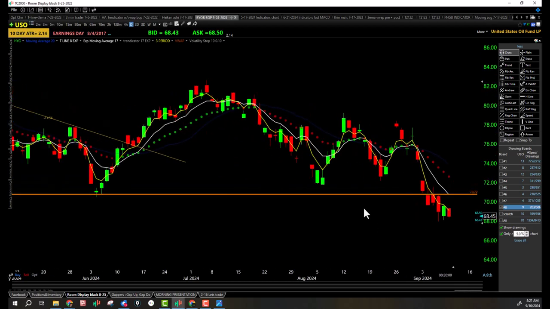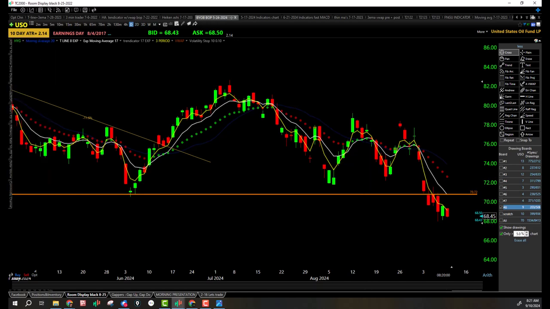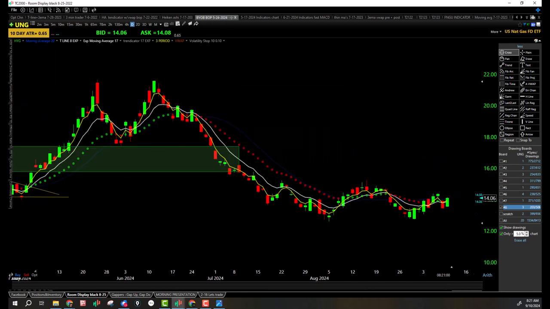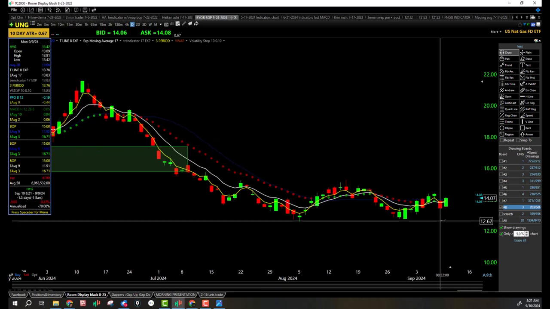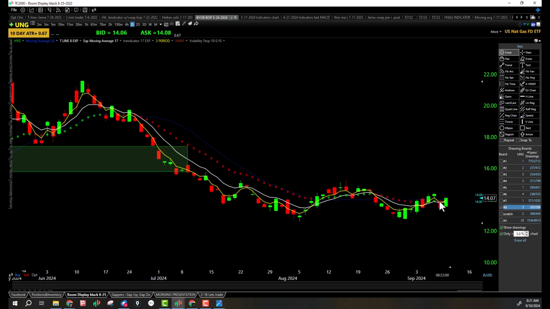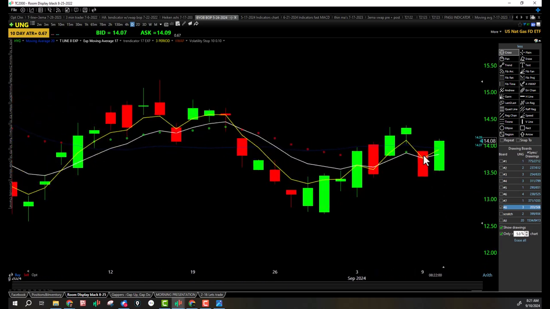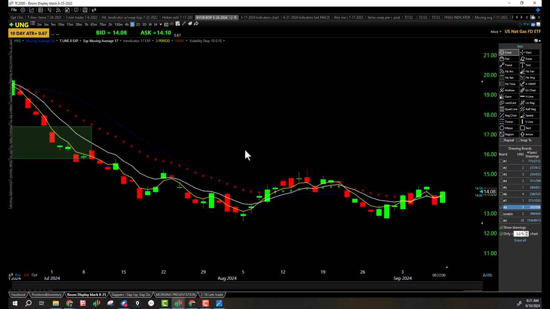All right, so there's USO. Let's take a look at UNG. UNG price action, make sure I get the right day. That's the day: lower high, lower low, closing underneath, bearish cross, underneath the 17 EMA. UNG in an uptrend. They became in an uptrend since they took out this high right here.